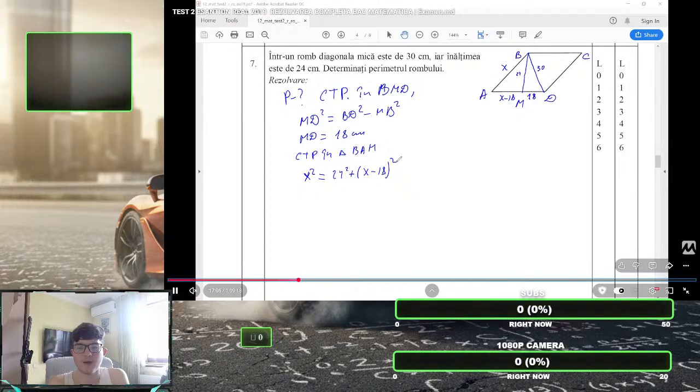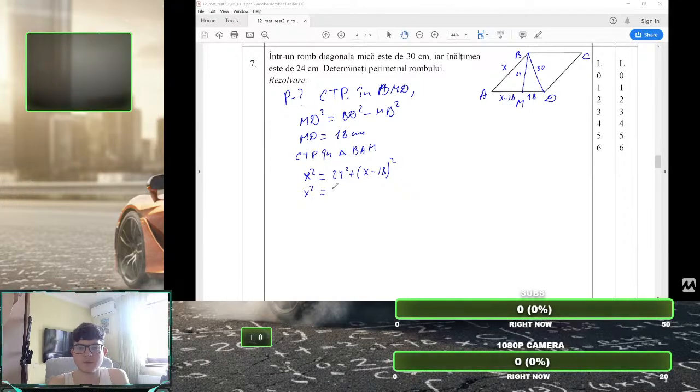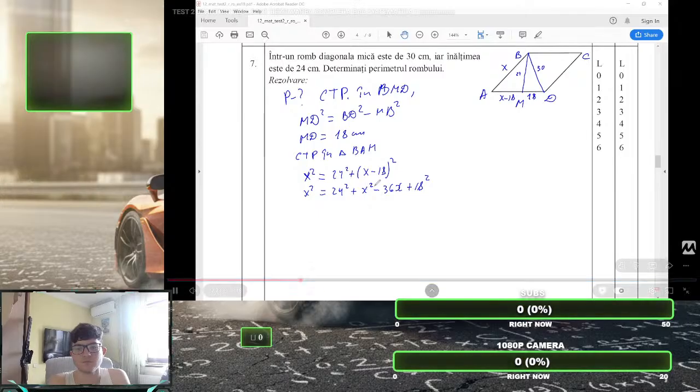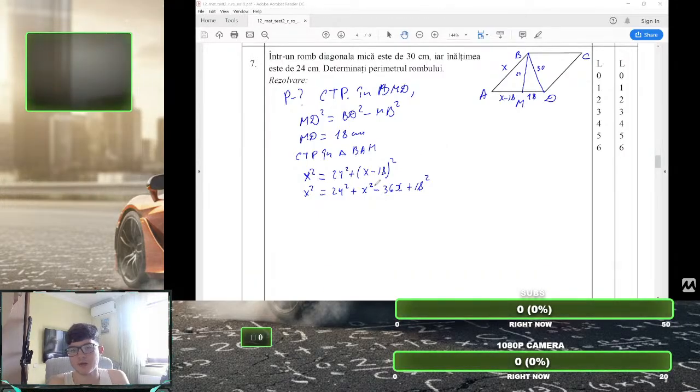so x to the second power is going to be 24. That's Pythagorean again, guys, in the triangle A and B. Didn't write that down. Actually, he did write it down. So you have that. Pythagorean again. Working with x. So basically, once you know x, I guess we can calculate what the perimeter is. X to the second power, which is AB as the hypotenuse, is equal to 24 to the second power plus AM to the second power.